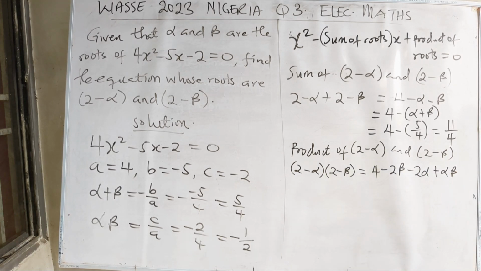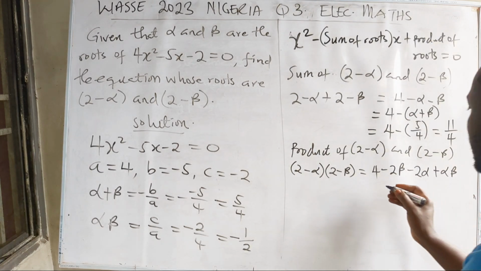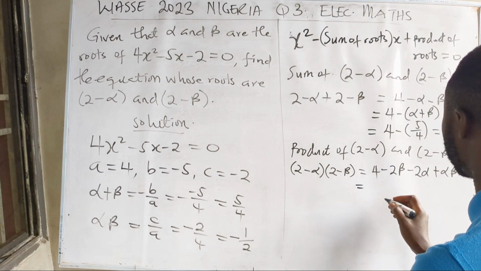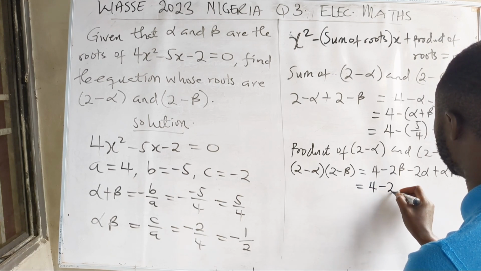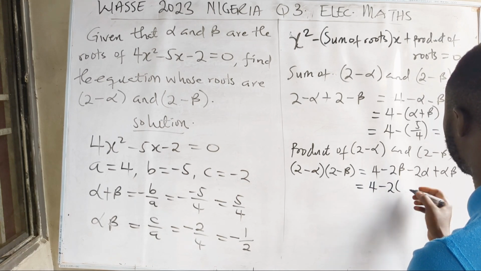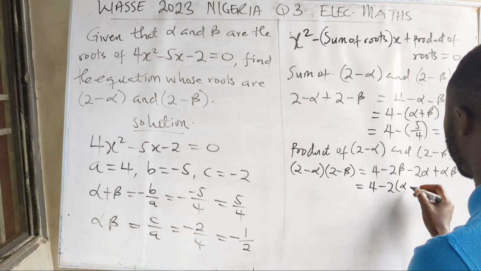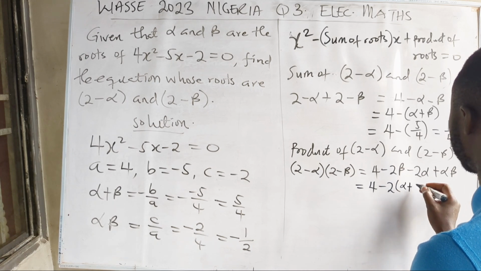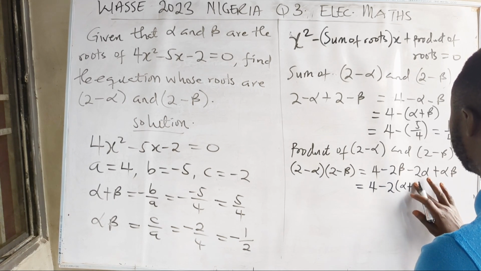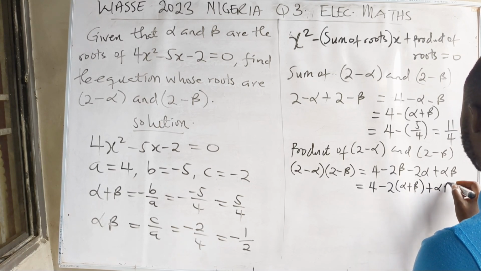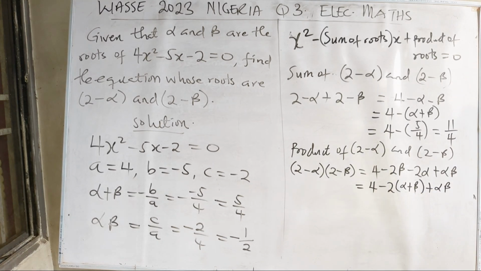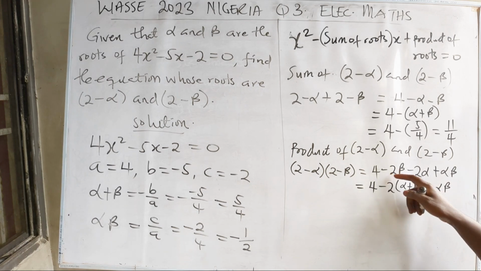So what can I do here? I have my alpha beta here, and alpha plus beta. So here I can also write this as 4 minus 2 times alpha plus beta, plus alpha beta. Here I'll factorize 2 out, because here is minus and here is minus.